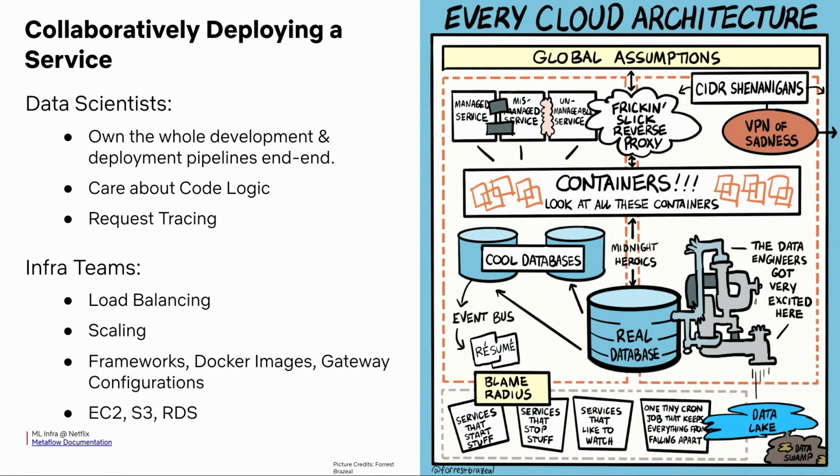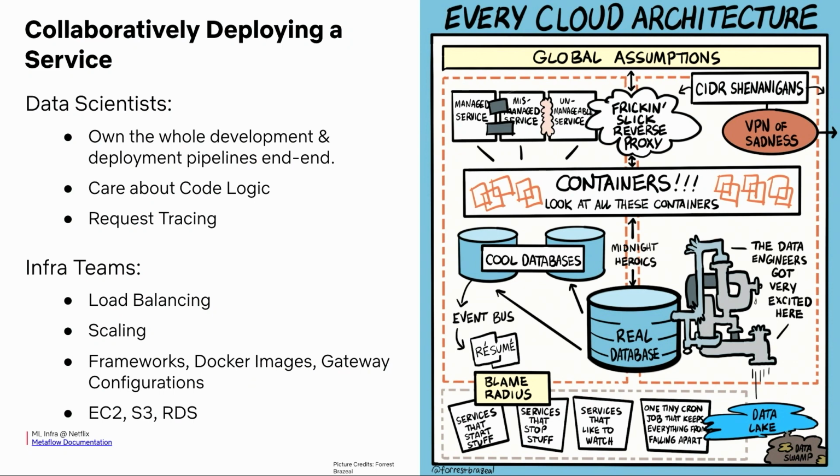The other reason why we need Metaflow hosting is that there's a lot of difference in what data scientists expect the code to be and what infra teams need to provide them. So there's this nice cartoon about every cloud architecture in big techs. You have these cool databases and then the unmanageable services.